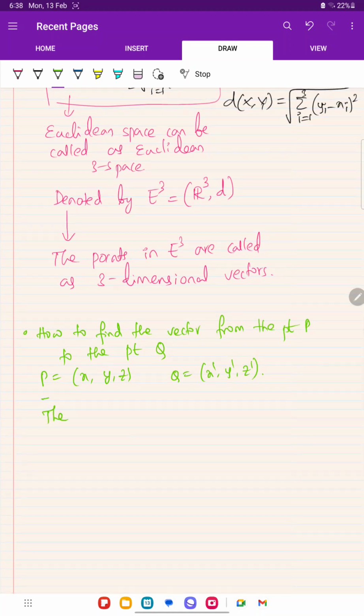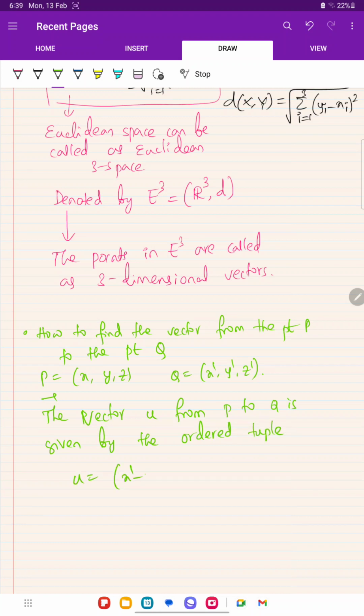The vector u from P to Q is given by the ordered tuple u equal to (x' minus x, y' minus y, z' minus z). This is how we find the vector from the point P to Q.